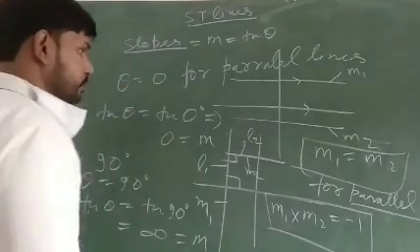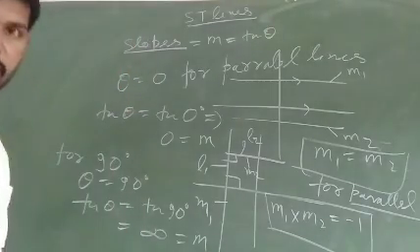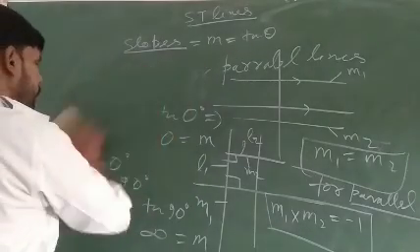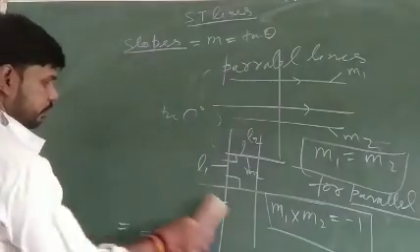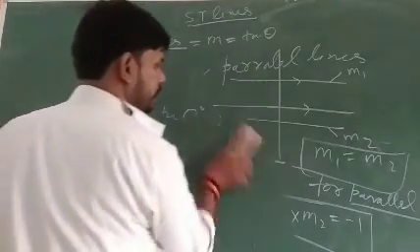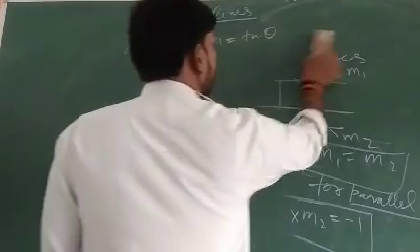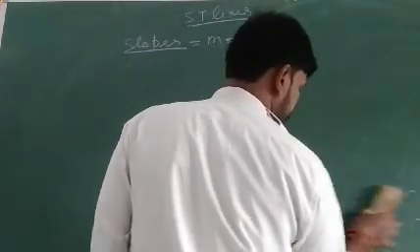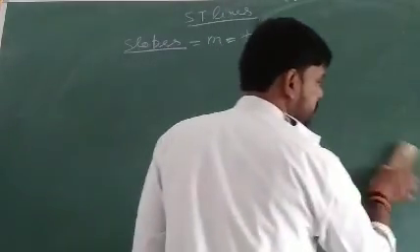Similarly, now you have two results: for parallel lines, m1 equals m2, and for perpendicular lines, the product of the slopes equals minus 1, or m1 into m2 equals minus 1.